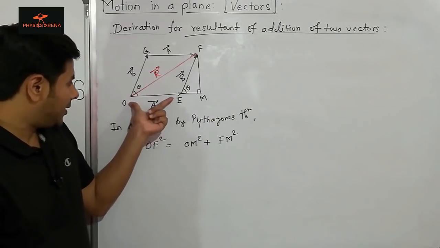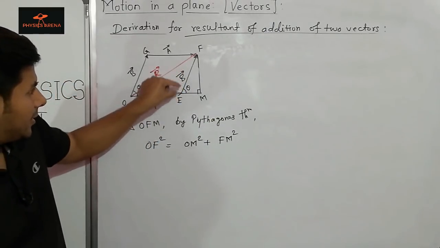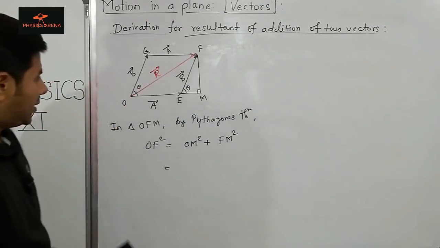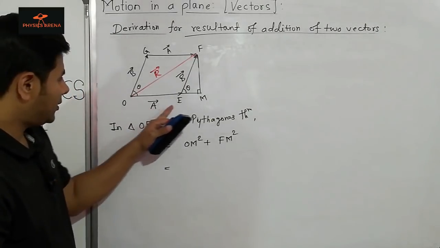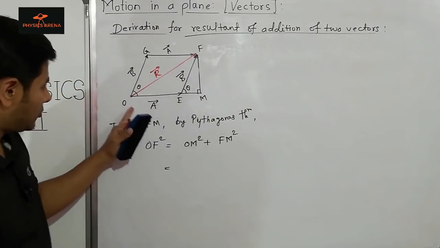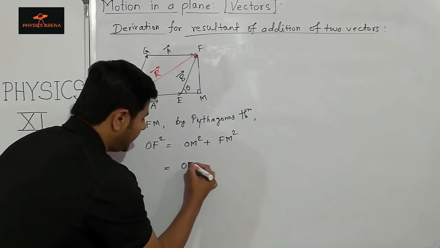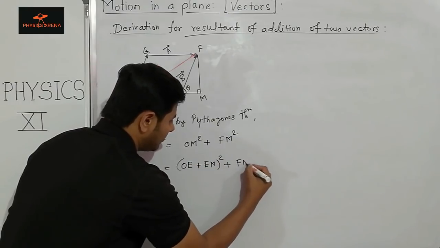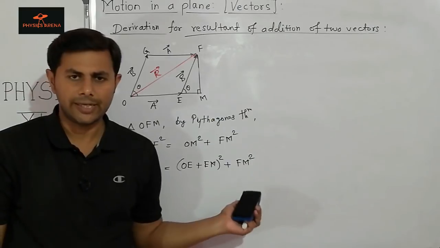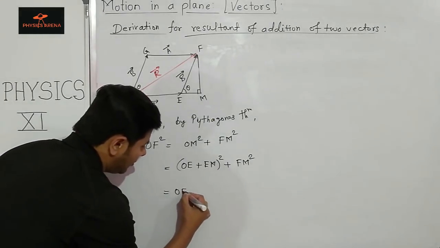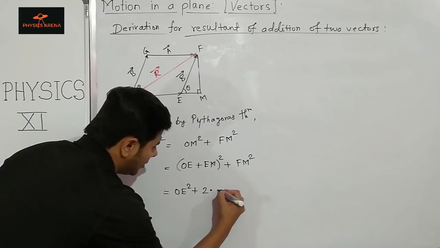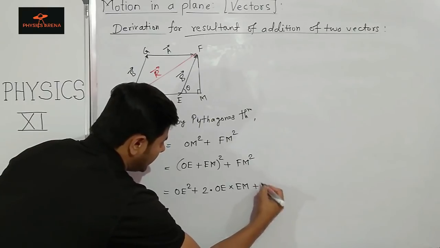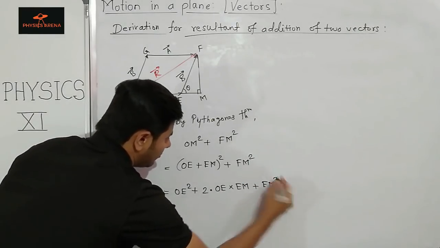Now the magnitude of A bar is this OE and the magnitude of B bar is EF. So we'll introduce it. Now I can write this OM as OE plus EM. So this is (OE plus EM) squared plus FM squared. And now let's just expand this. So we get OE square plus 2 times OE into EM plus EM square plus this FM square.